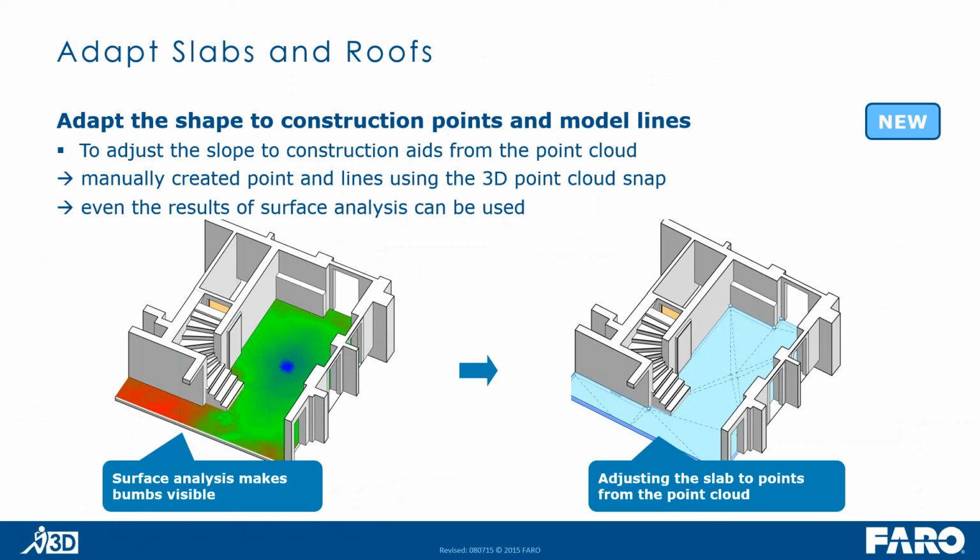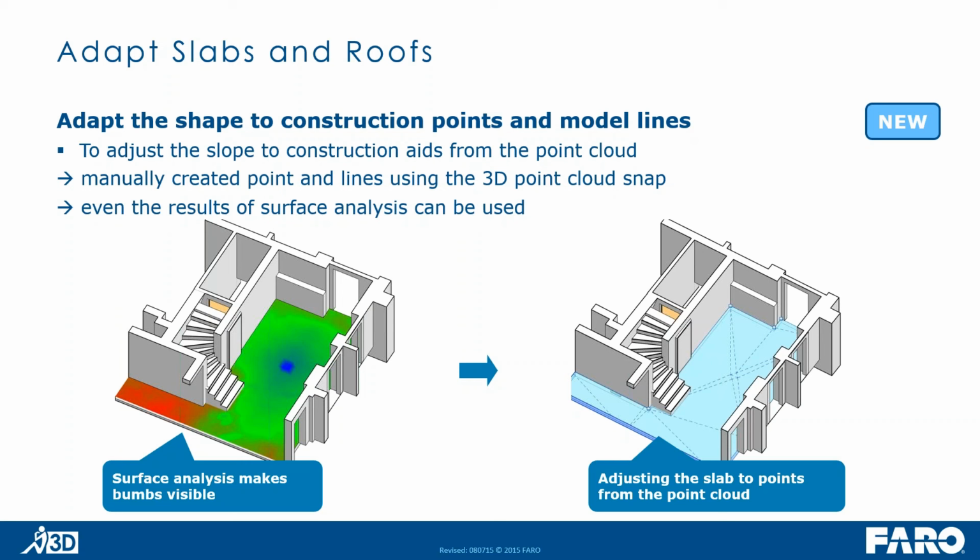So you know the feature of Revit that you can add shape points or lines to a slab or a flat roof, and this is a manual process, so you can add a point and then you can type in the distance or the height of this point, and with PointSense it's now possible to create these shape points from construction points or model lines.